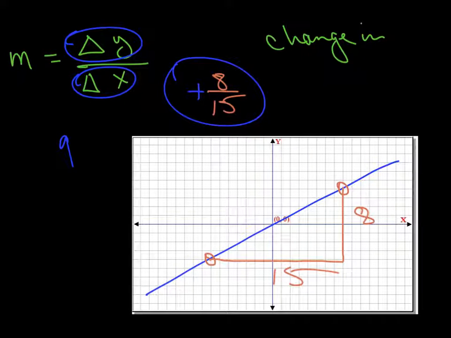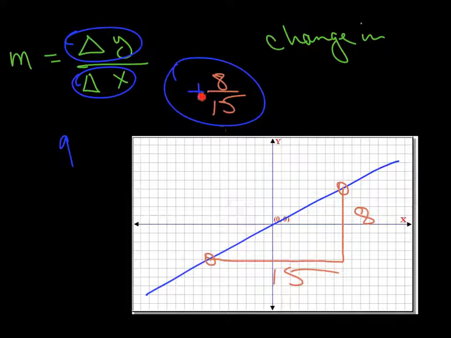Now if this were something like 8 over 16, you would just reduce it to 1/2. You don't have to leave it at 8 over 16 because it's just a fraction that you're reducing. So that's how you can find the slope of a line when you're given the graph. You find how far they are up and down from each other, and that's your top number, and left to right from each other, and that's the bottom number, and then see what the line's doing.